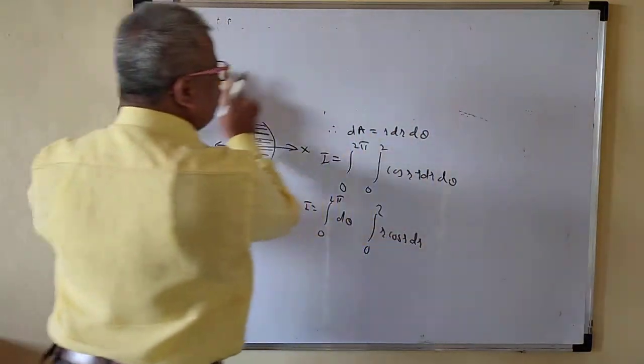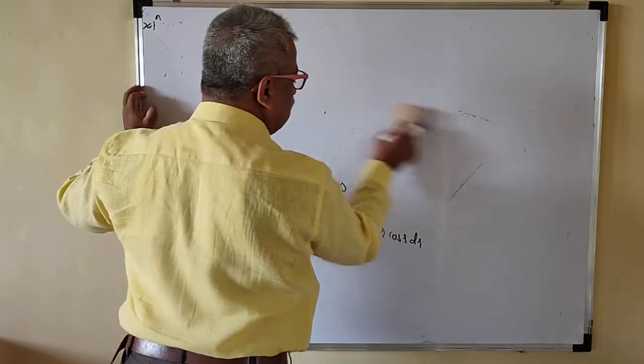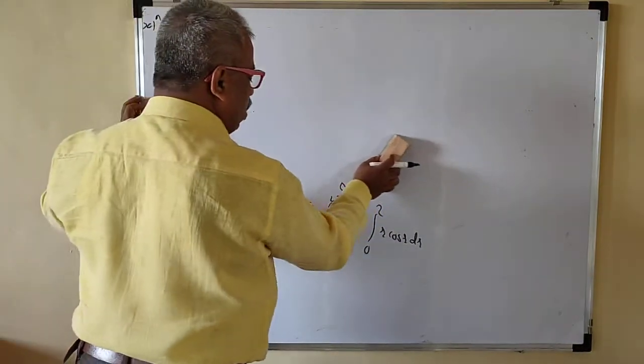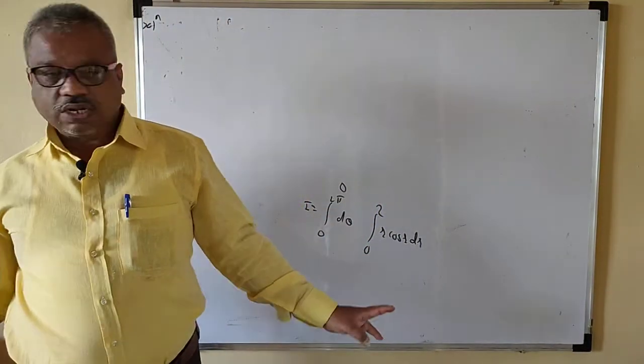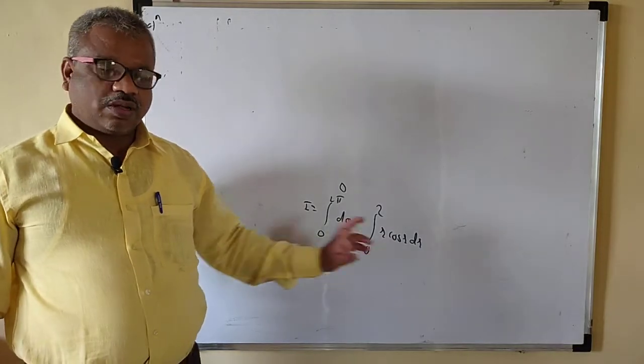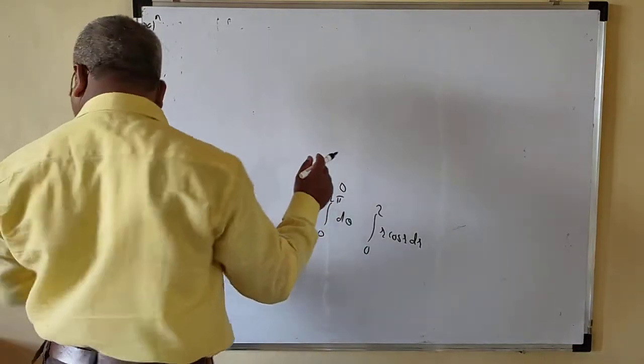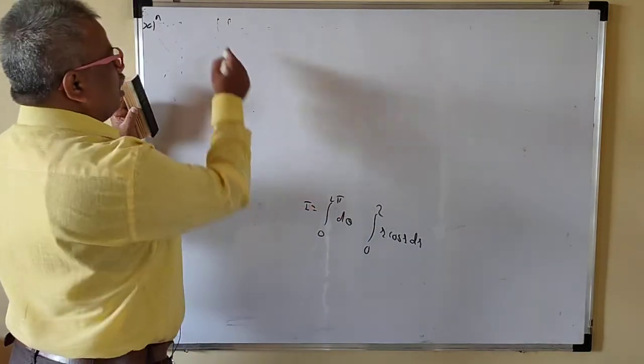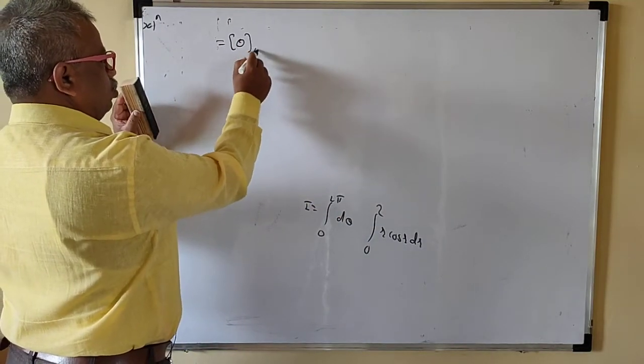Now here substitution is not available. It is not of the form cos of something into derivative of something like this. So you need to apply integration by parts because substitution is not available. So we'll apply integration by parts to the finite integration. Now this is 0 to 2 pi, theta from 0 to 2 pi.